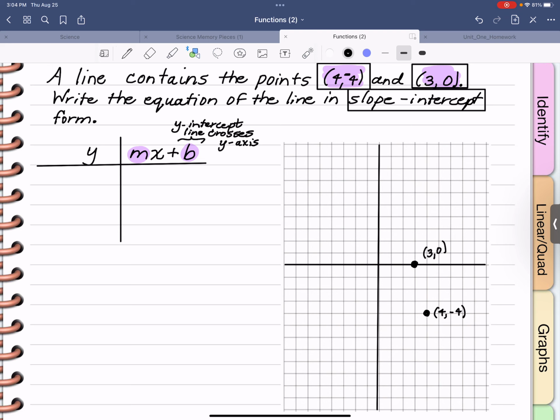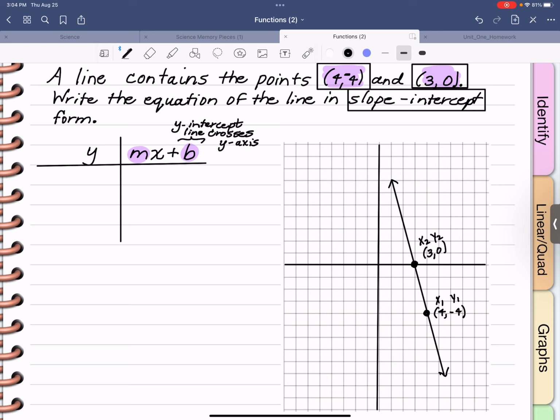So let's go ahead first of all and draw a line in there just to show the linear function we're looking at. I'm going to call this x1 and y1, and then this x2 and y2.